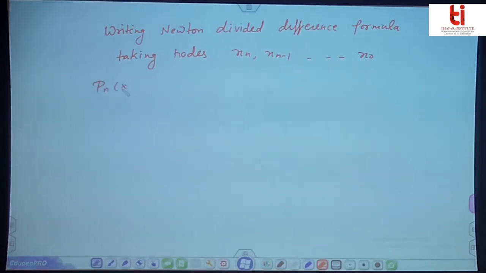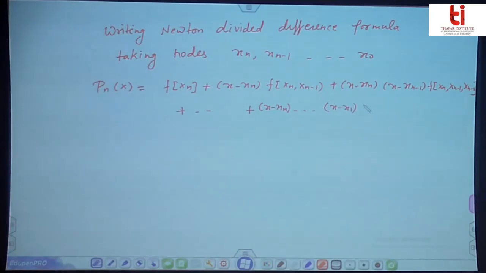Pn(x) equals f of xn plus (x minus xn) f of xn, xn minus 1, plus (x minus xn)(x minus xn minus 1) f of xn, xn minus 1, xn minus 2, and so on, up to (x minus xn) and so on up to (x minus x1) f of xn, xn minus 1, up to x0.